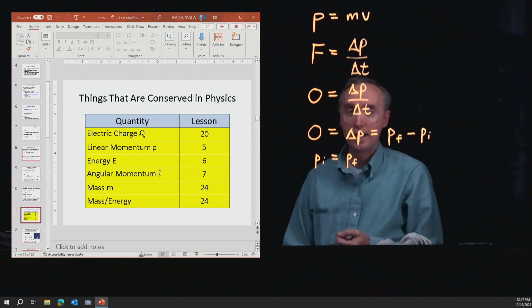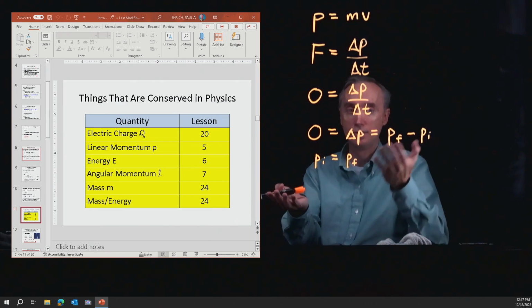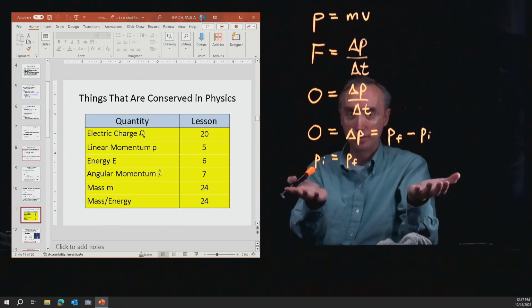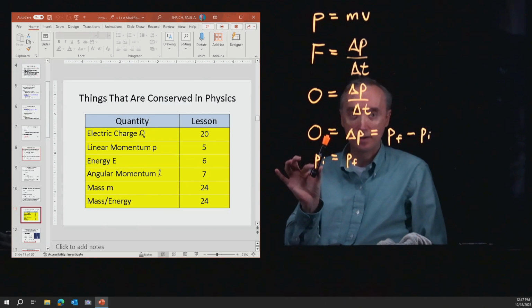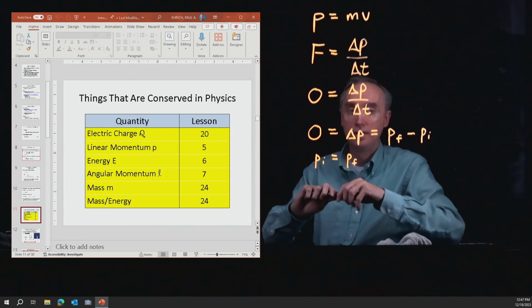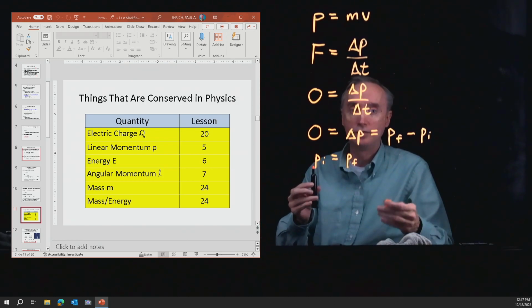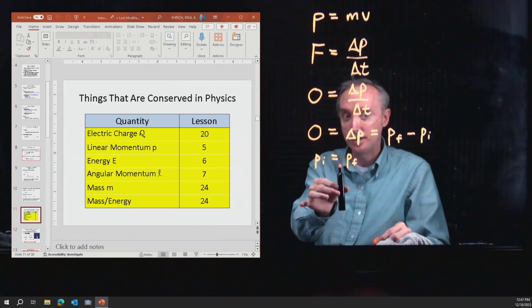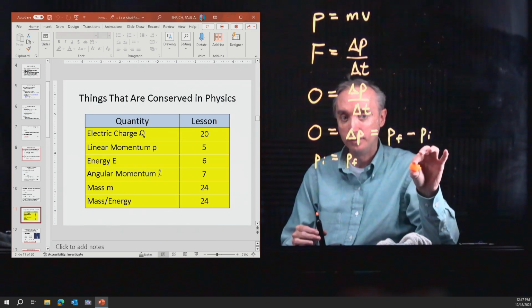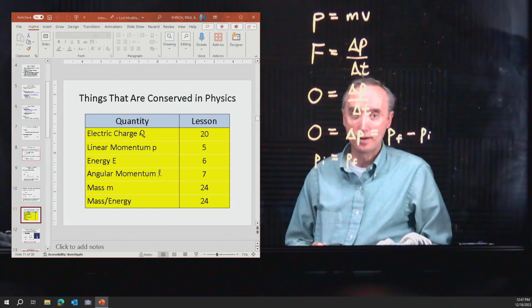So the amount of mass that you begin with has to equal the amount of mass that you end with. For example, if this thing weighs 10 grams, and then I pull the top off of it and put this on a scale and it weighs 9 grams, can you tell me how much this thing weighs? It'd have to weigh 1 gram. That would be conservation of mass.